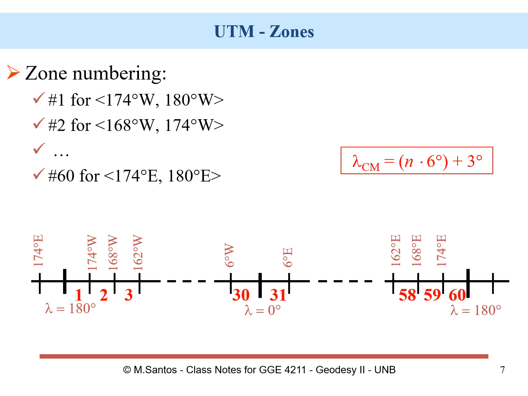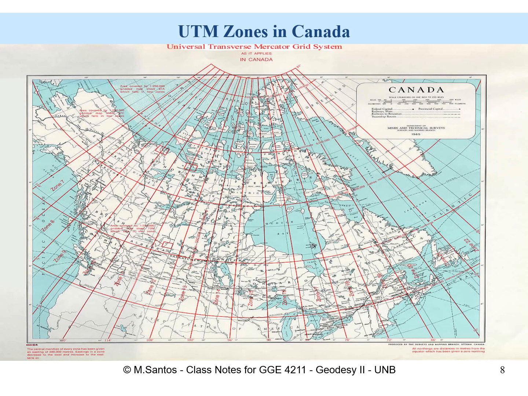It can be 1, 2, 3, etc., and it's always going to give the longitude of the central meridian. The zone numbering is very important, but it's interesting to mention that in most parts of the world, people use the longitude of the central meridian to identify the zone.